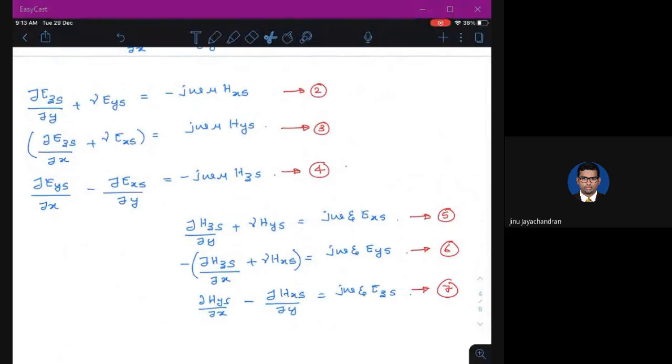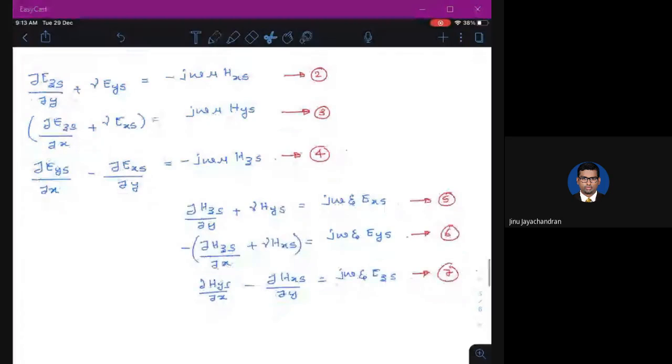Fine. Now, let's look at equation number 3. We can start with equation number 2, but let's look at equation number 3.